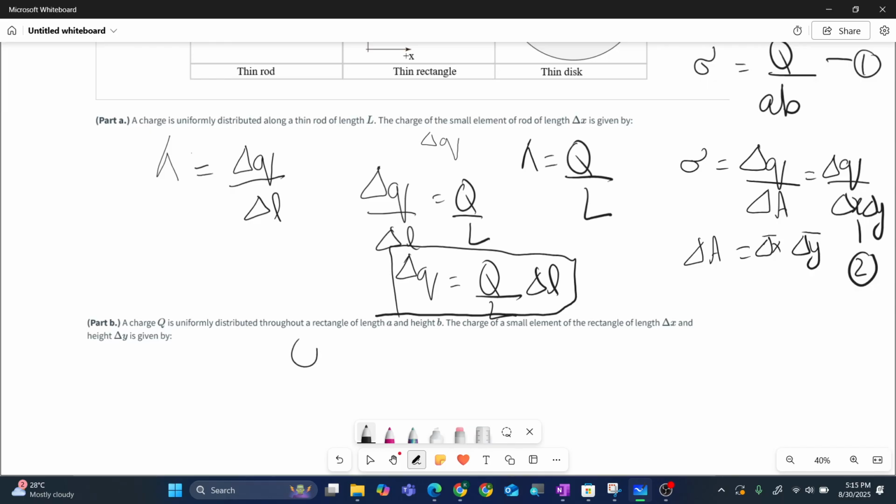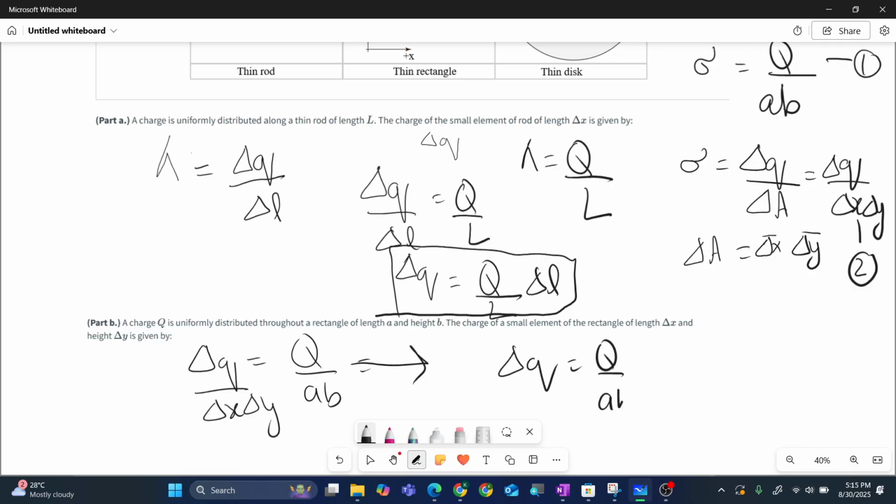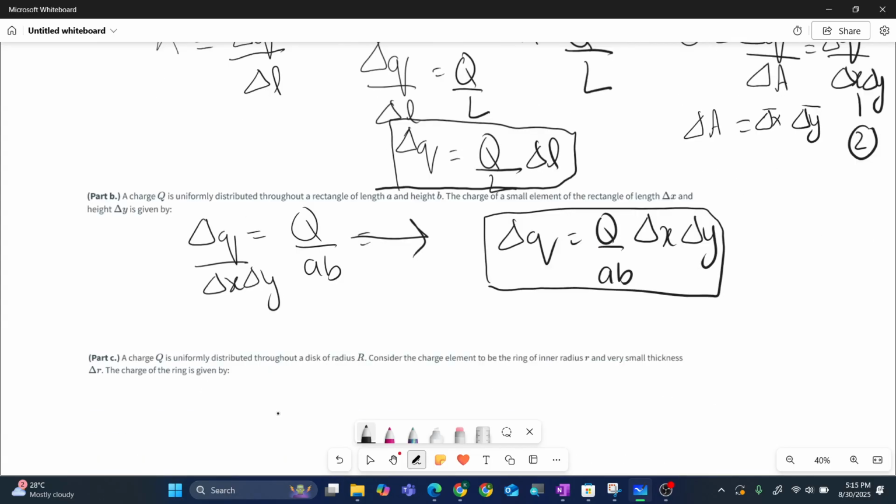So I now have Q over AB equals delta Q over delta X delta Y, and again delta Q is equal to Q over AB times delta X delta Y. Perfect.